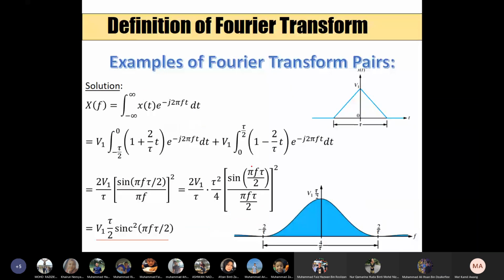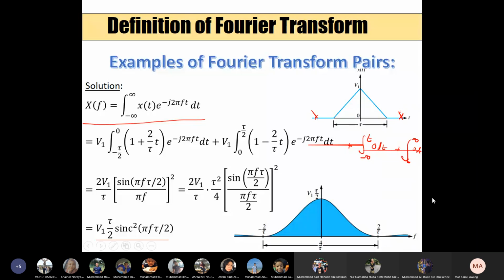So this is the general formula for the Fourier transform. Actually, you have integration from minus infinity to minus tau over 2 of 0 dt, plus integration from tau over 2 to infinity of 0 dt, so these parts are 0.